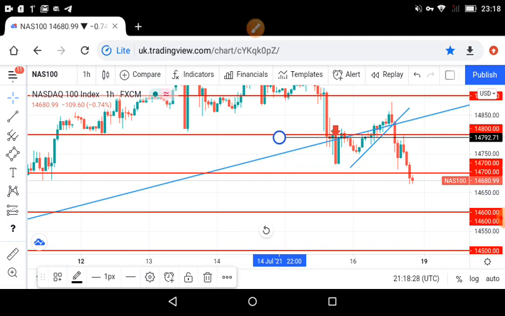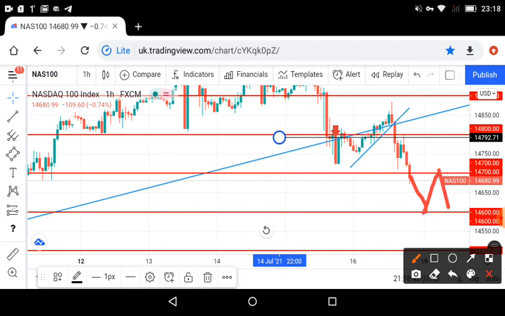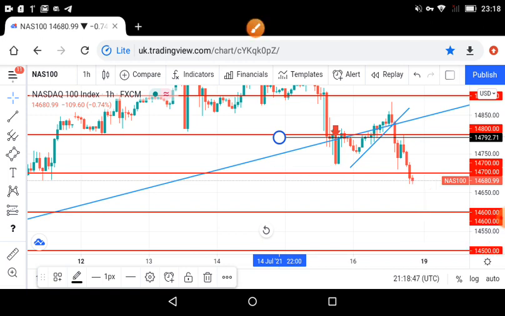What we're going to be doing this week is just waiting for the market. Probably the market will drop further because it has broken below 14,700, so it's going to drop further, maybe up to 14,600. Then we're going to have a pullback. After the pullback, we're going to have a continuation to the downside up to 14,500. That is what I'm waiting for.